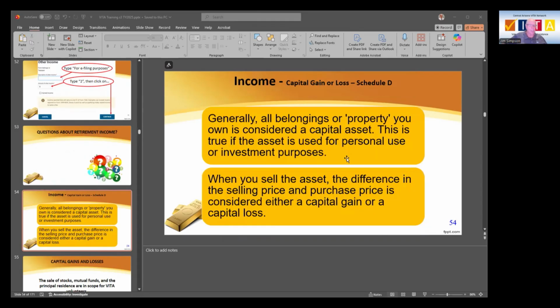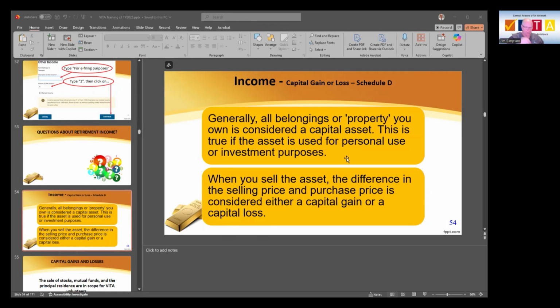Okay. Let's look at capital gains and losses. Generally, all belongings or property that you own is considered a capital asset.